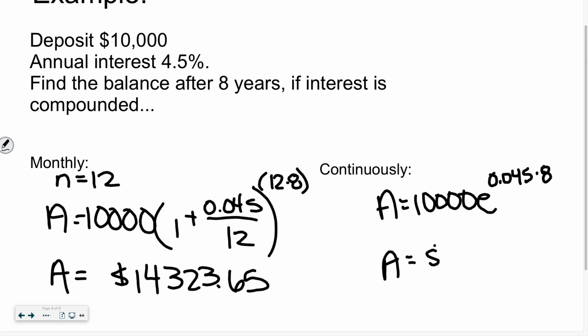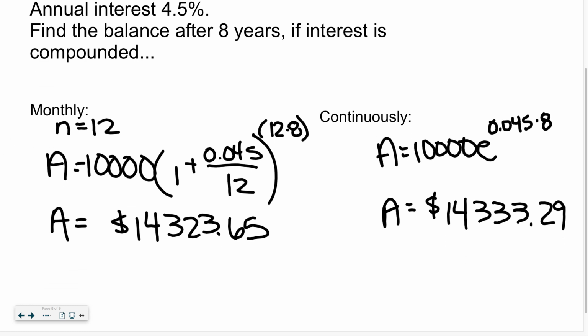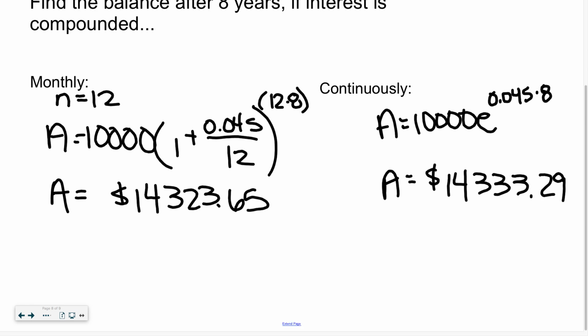And then for the PERT formula, I get 14,333.29. So it looks like after 8 years, going from compounding monthly to compounding all the time, I've only made $10 extra.